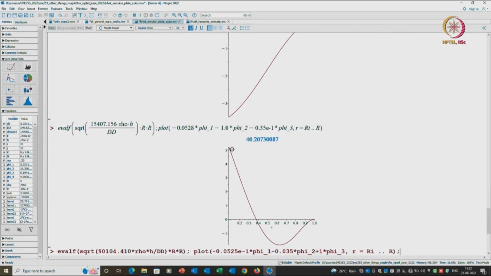Then this is the annular plate again, so the hole is below this value, and there is a node and it finally reaches the edge. So if we now rotate this shape about this vertical axis, it is an axisymmetric mode. Now this will be a circular node line, this circular node line.